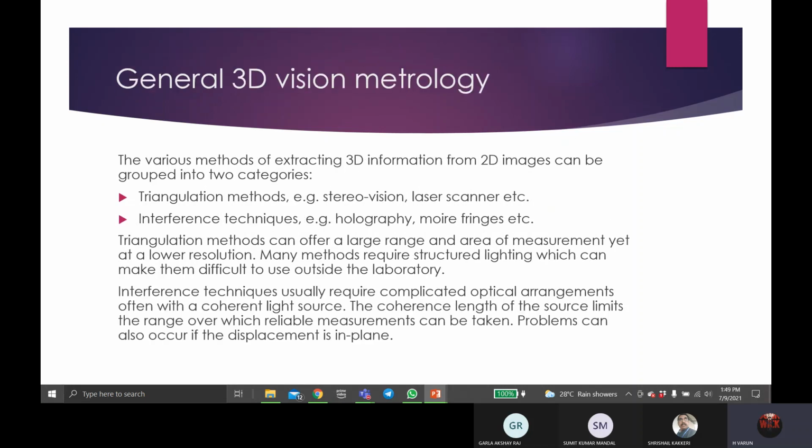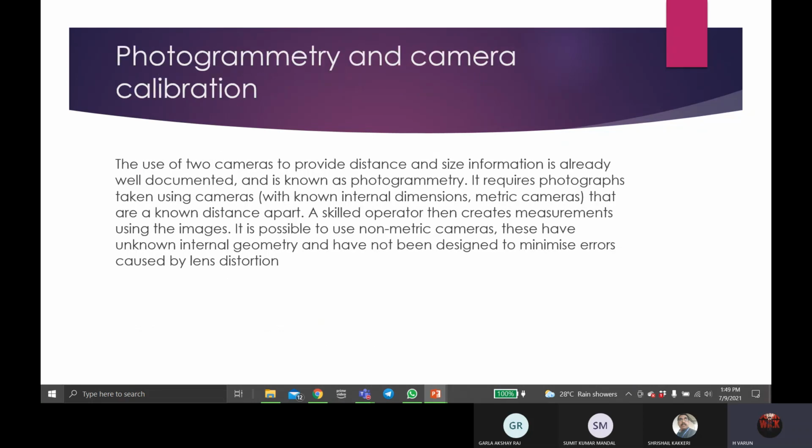As I said, according to what I have researched on vision tech methodology, 90% of Tesla and Rolls-Royce robotic systems use triangulation methods, but they use non-metric cameras, which minimize some errors.